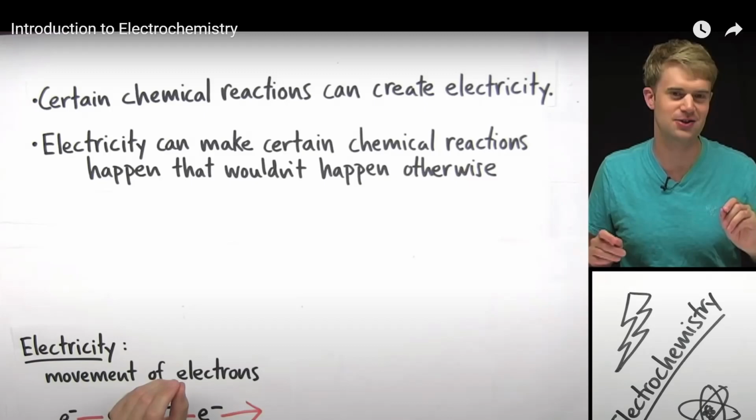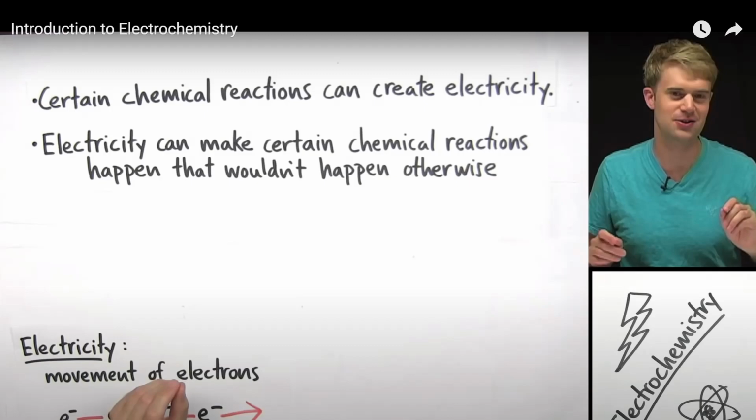Yes? I have a question about the battery. What if a battery runs out? So you start with reactants, and the reactants are moving the electrons, and eventually you run out of reactants. To be more specific, we actually come to an equilibrium. The system is very thermodynamically favored, so these electrons really want to get from here to here. But at some point there's not as much potential energy anymore because most of the electrons have made it over here, so there's not as much pushing force, and that's why batteries die.